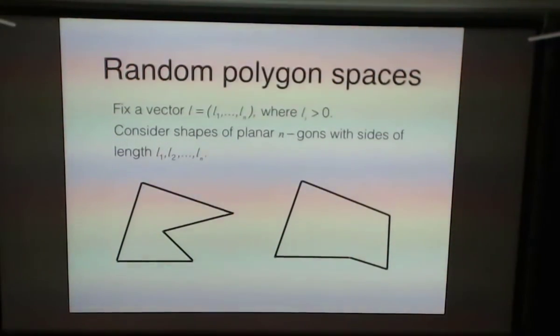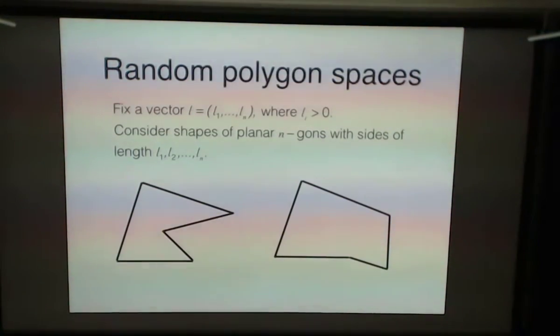So here we start as follows. We fix some vector L with positive real numbers as coordinates, Li. And we consider planar n-gons, n-gons like this on the plane, such that the first side has length L1, the second side has length L2, L3, L4, and so on.